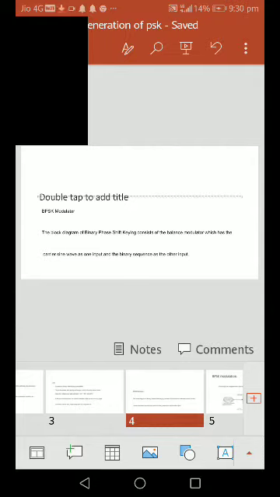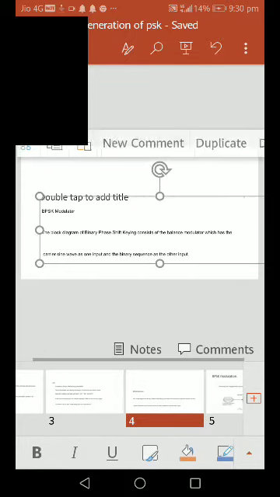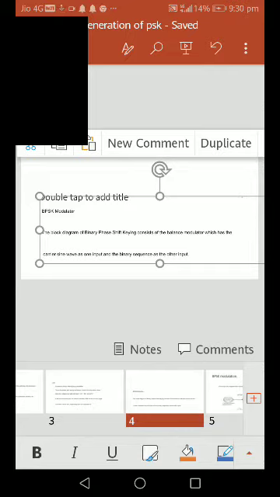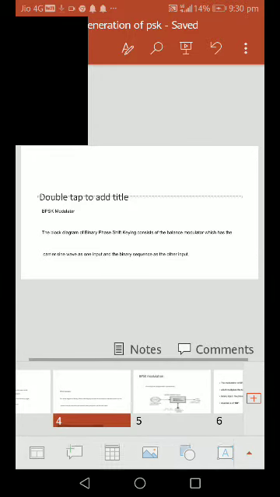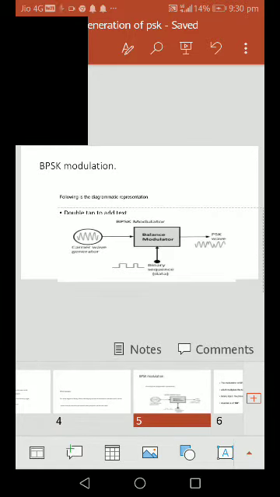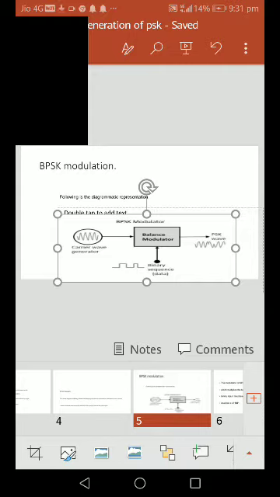The carrier wave is produced by an oscillator. The input data is a binary sequence of digital data that is modulated with the balanced modulator.